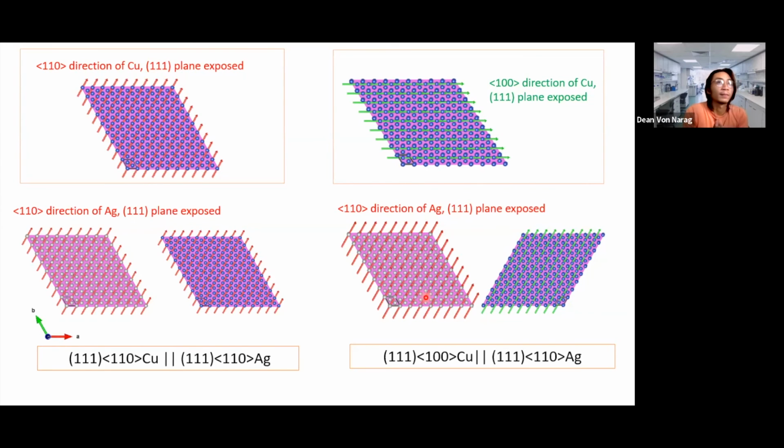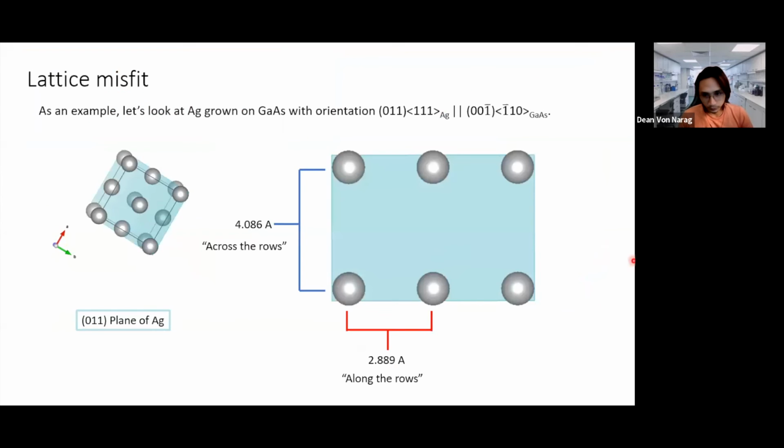So usually it might be dependent on the growth temperature, it might be dependent on how the deposited atoms move or form themselves on top of your substrate. Okay? There is no general rule that if your silver is a 111 plane, you automatically have this orientation. Okay? So it depends on your growth parameters.